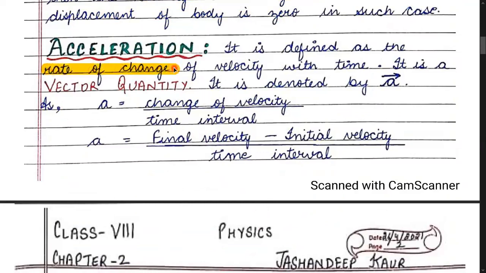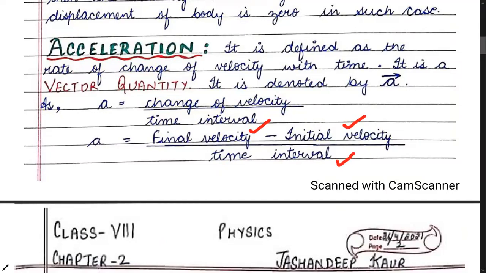So rate of change of velocity means change of velocity divided by time. That is, final velocity, the velocity at the end, minus initial velocity, that is velocity at the starting point, divided by time interval.